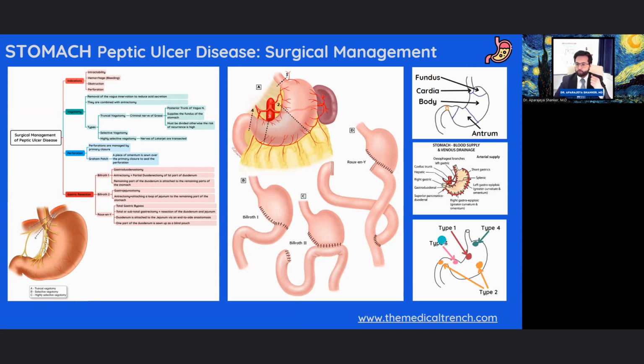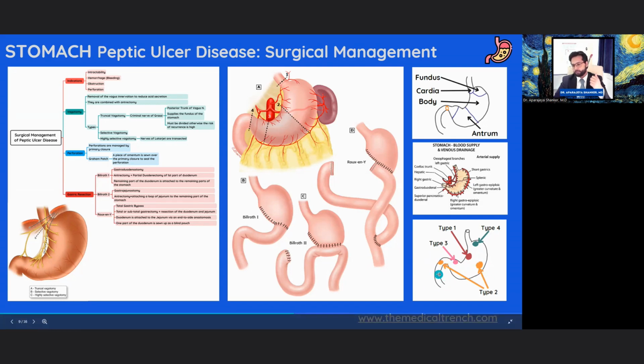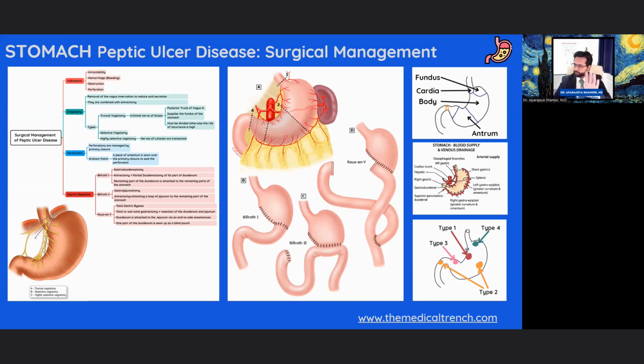You do a Billroth 2 when the tumor is a typical type 2. So that means one ulcer is on the duodenum, and the second ulcer is on the greater curvature somewhere, and you can cut off this part of the stomach, right? We do a Roux-en-Y when the Billroth 2 generally either fails, or you have a type 1 that is so high on the angular that it's in closer proximity to the gastroesophageal junction.